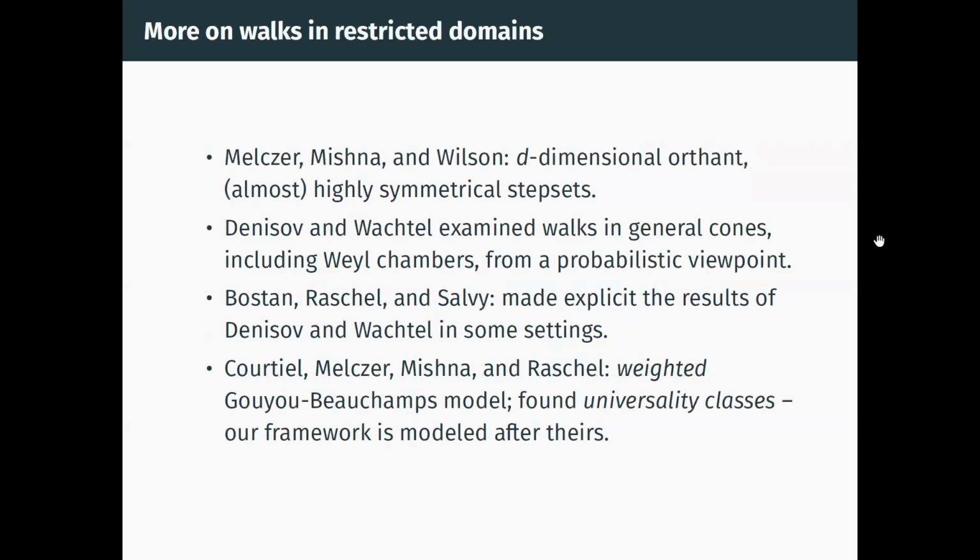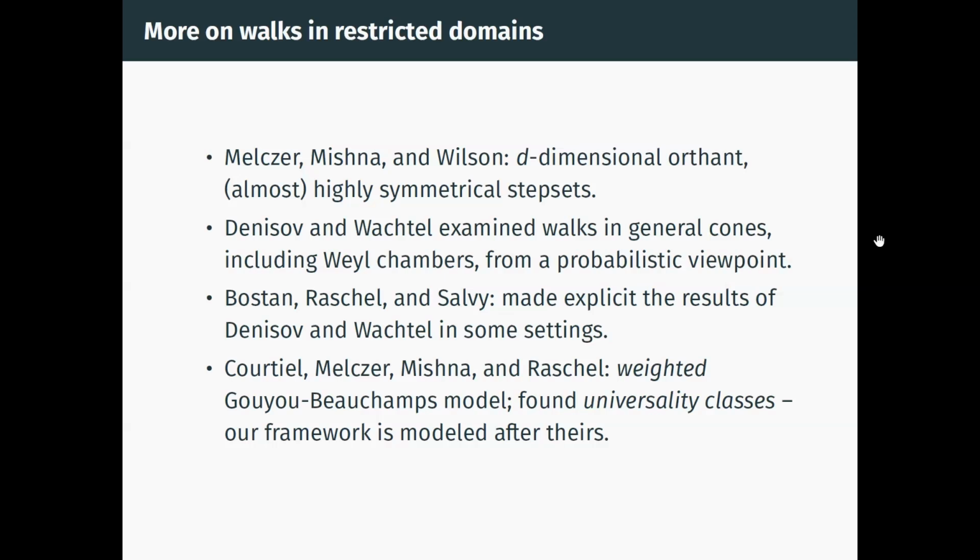Okay. And so with that in mind, we want to figure out which step sets might be easier to count. Meltzer, Mishna, and Wilson had looked in particular at walks in the positive orthant of d-dimensional space and found that when the step sets were highly symmetric or almost highly symmetric, then that was more amenable to analysis.